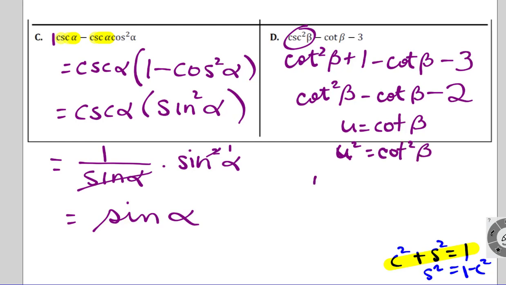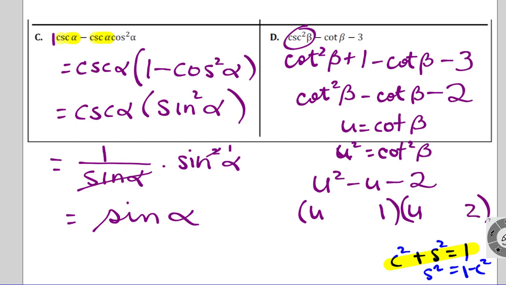So this is U squared minus U minus 2. And how does that factor? I'm going to have U's up there. One of these is going to be a 1, the other is going to be a 2. So what do I do with my signs?